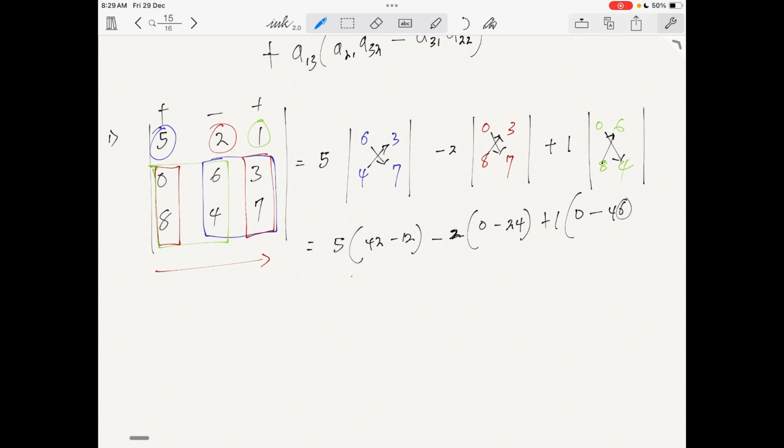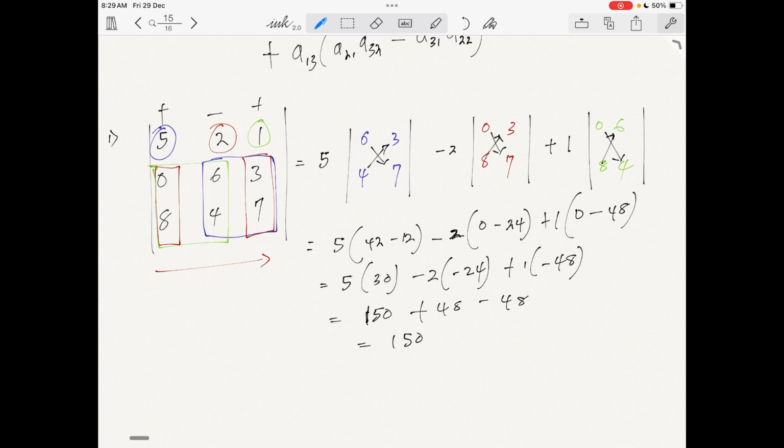That will give us 5 into 30, minus 2 into minus 24, plus 1 into minus 48. That gives us 150 plus 48 minus 48, which gives us 150.